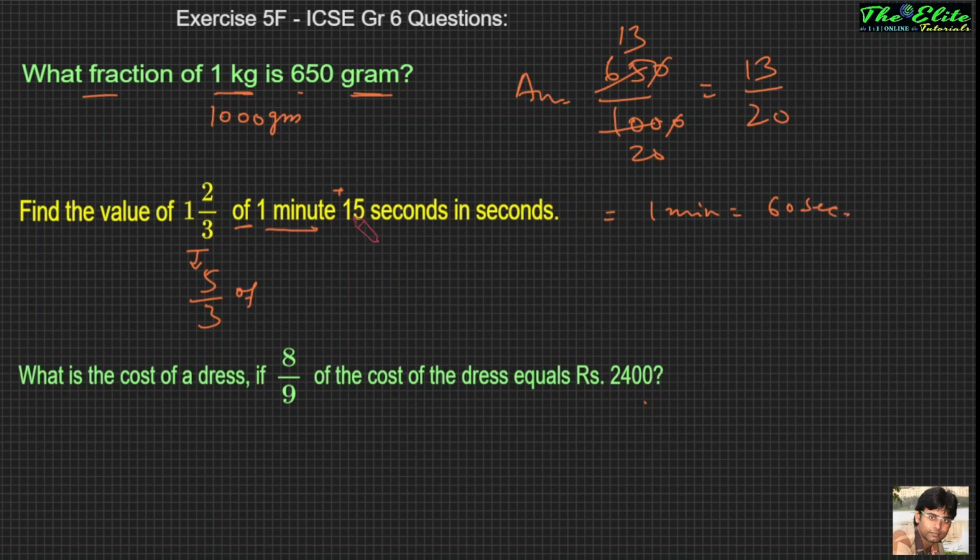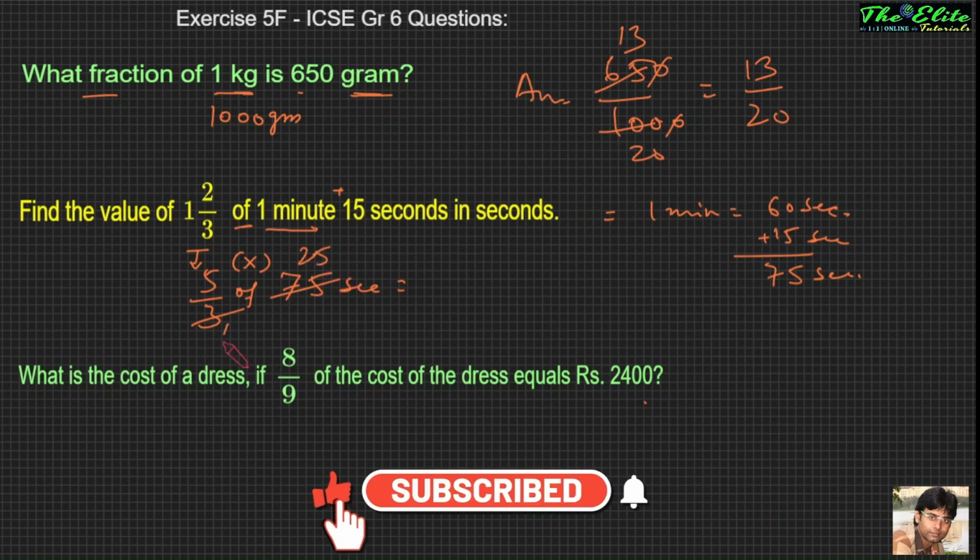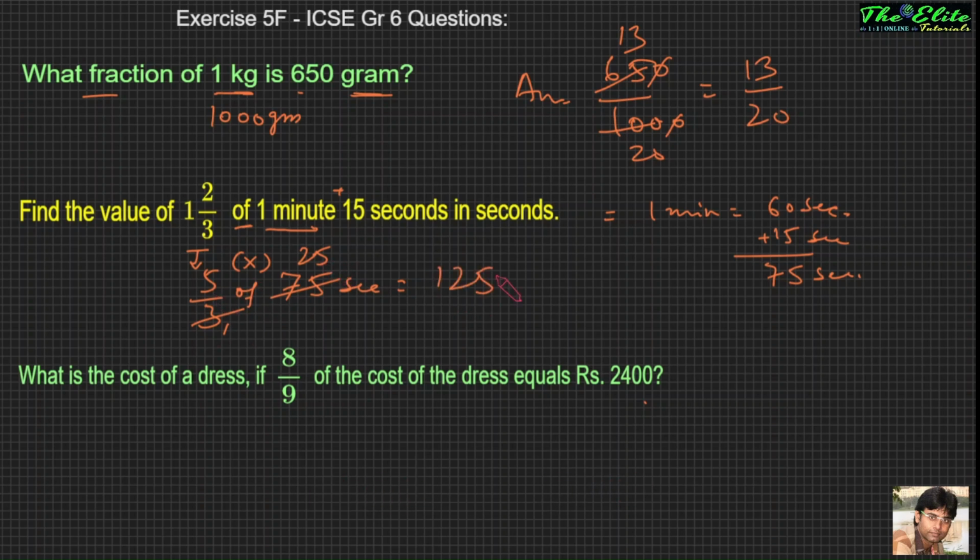So 60 seconds and 15 seconds. You will add that 15 seconds as well to get your full time in seconds. So 5 by 3 of 75 seconds is equal to, as I told you, "of" will be treated as a multiplication sign. It is going to be 25 if you divide 75 by 3. And now 25 times 5 is 125, and because they are asking about how many seconds, the answer will be written with the unit.